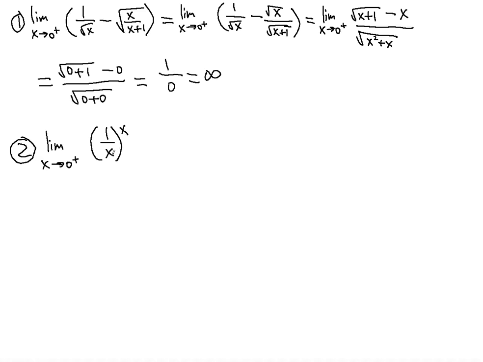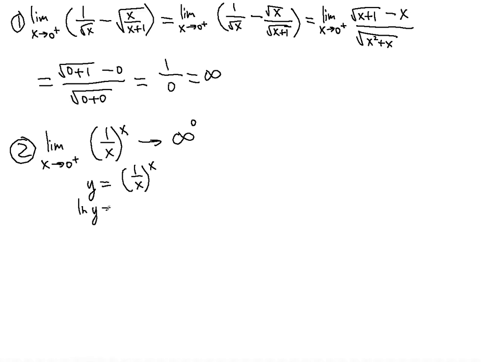As in the previous video, since we have x to the power of x, notice that if you try to evaluate this at 0, you will get 1 over 0, which is infinity to the 0th power. That's the indeterminate form, right? So you must treat this function as a y value, like this, y equals 1 over x to the x power.